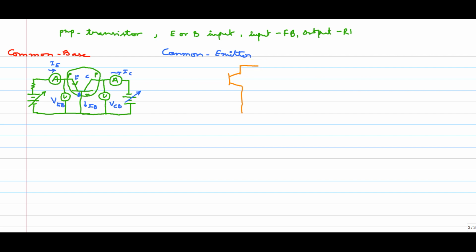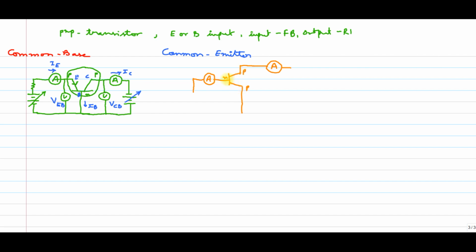It is an ammeter, connected like this, and here also one ammeter will be there, connected like this. This is a PNP transistor, so let me write here P, N and P.